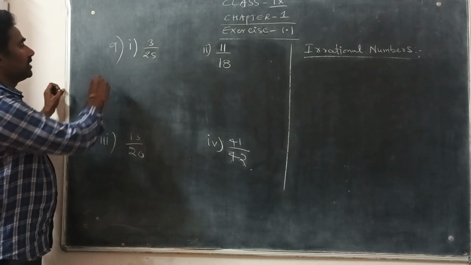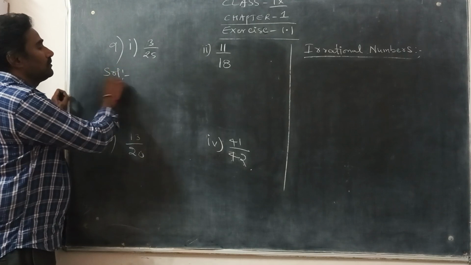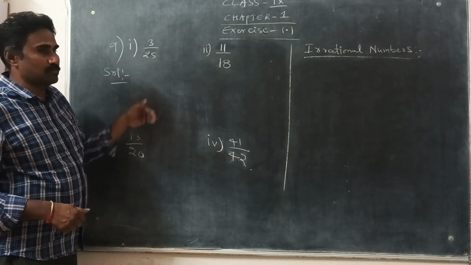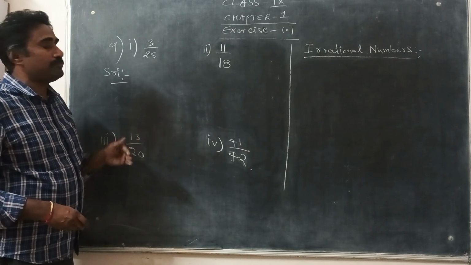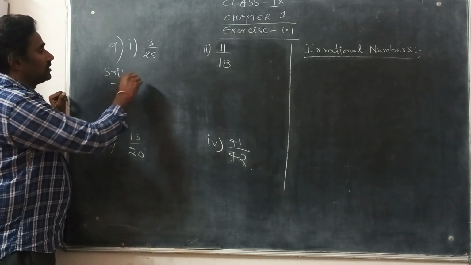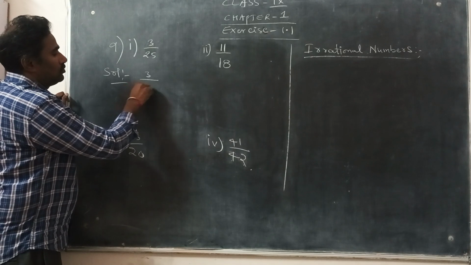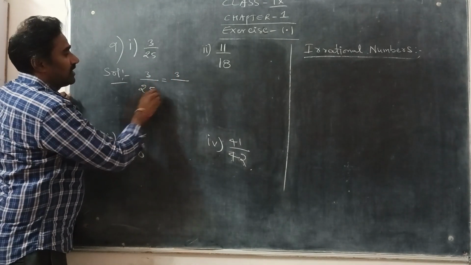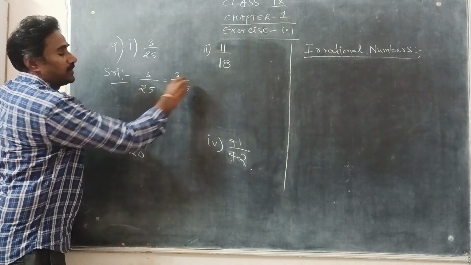Generally for 3 by 25, we will do division of 3 by 25 and get some decimal points. After that, if you get 0, then it is a terminating decimal. What is the rule without doing division? First write the prime factorization of the denominator: 25 is 5 into 5.